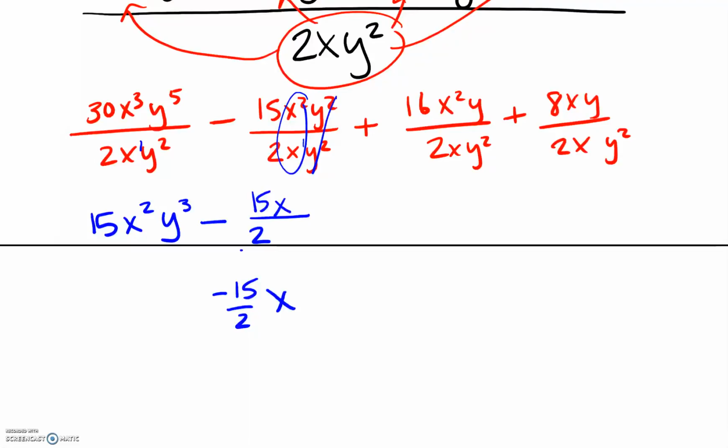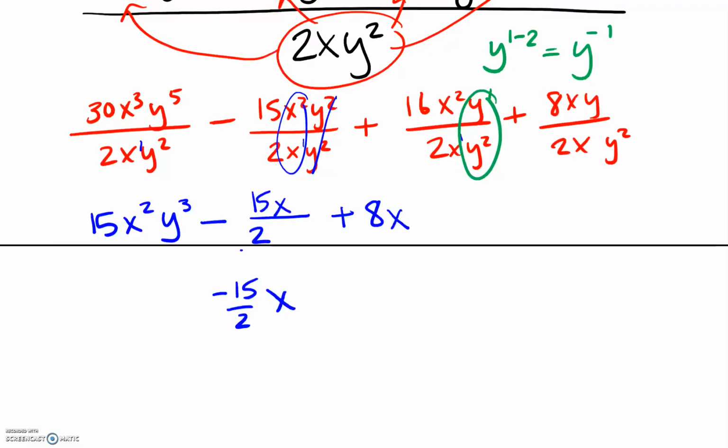All right, so the next one, 16 divided by 2 is 8. Looks like we're going to cancel out x squared over x is just going to be a single x. And here we get something a little less happy for us. We have y over y squared. So if we were to actually do our exponent rules, this is y to the 1 minus 2, right? 1 in our numerator, 2 in our denominator, which will give us y to the negative 1.